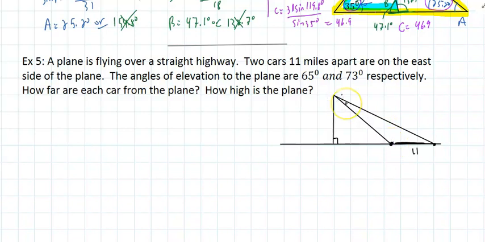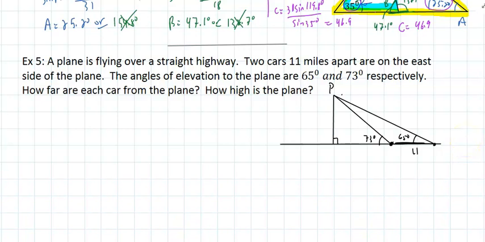There. So this is the plane. These are the cars 11 miles apart. Angle of elevation is 65. This must be the 65. And 73. As you get closer, you have to look higher. How far are each car from the plane, and how high is the plane?